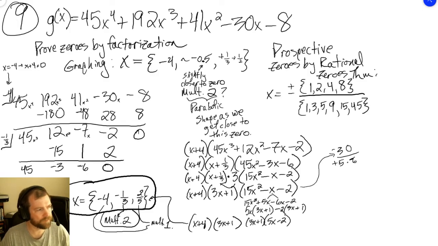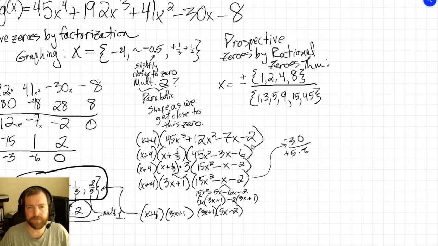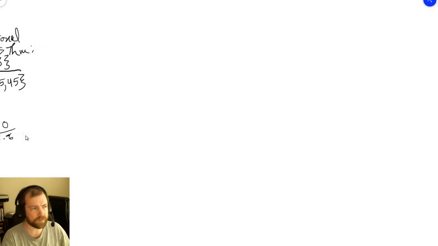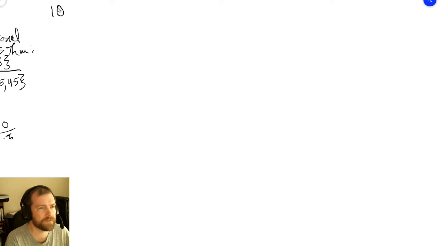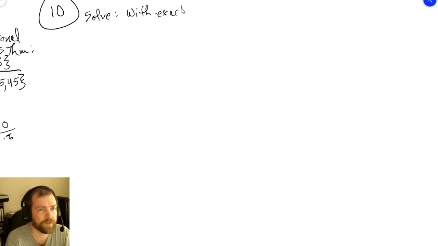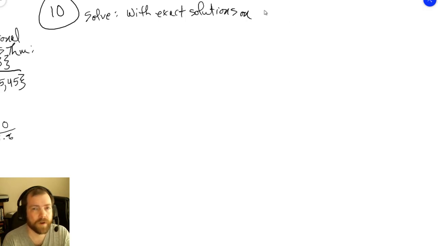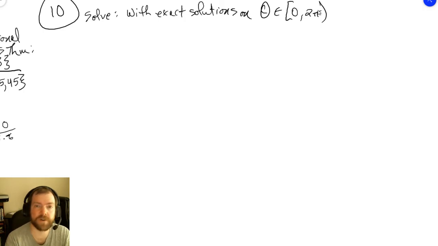All right, 3 more. All right, number 10, solve, with exact solutions on theta going from 0 inclusive to 2 pi exclusive.